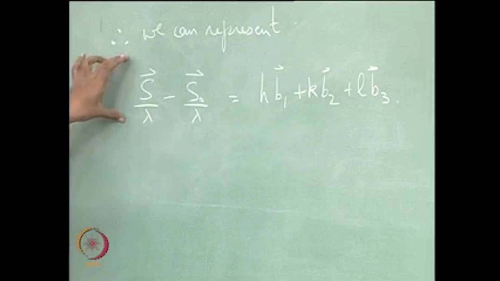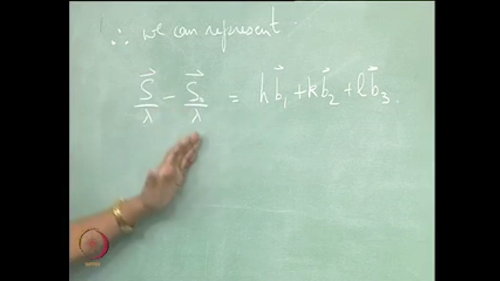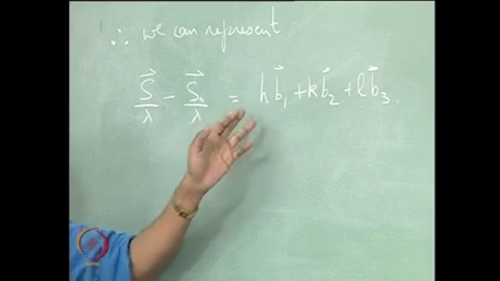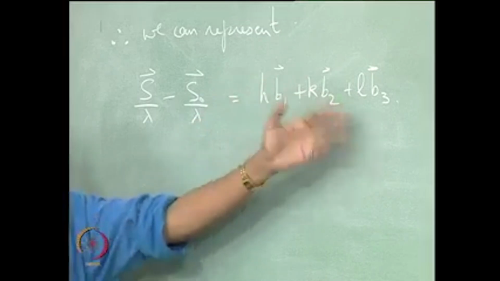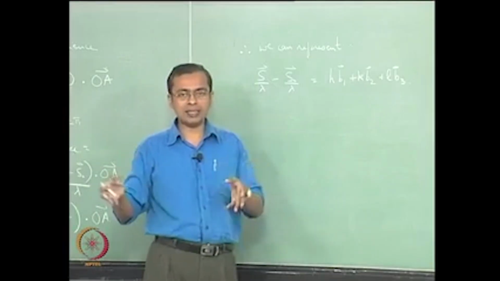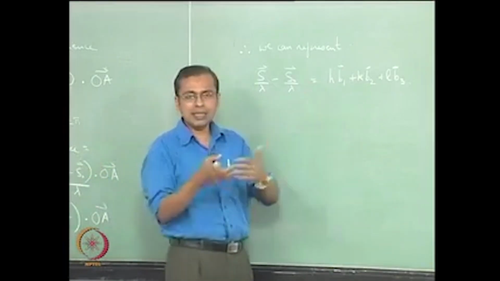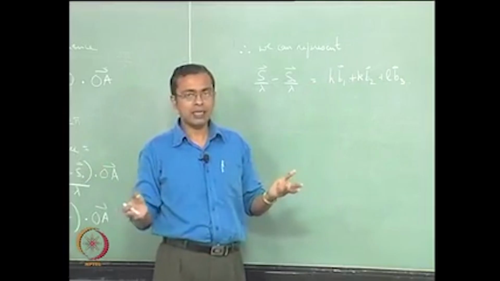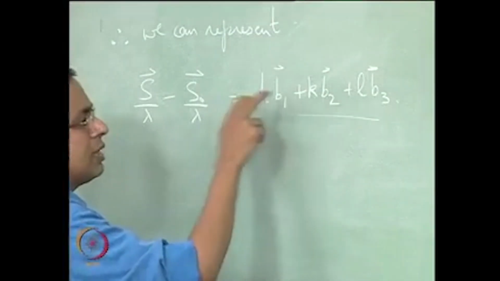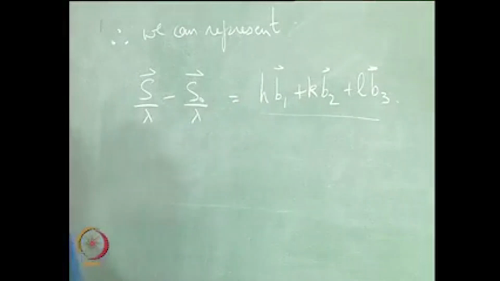Since you have full freedom to select anything for the left hand side of this equation, it means that at the moment H, K and L can also be any arbitrary number. It could be an integer, it could be a fraction, one of them could be a fraction, anything could be true. So even though we have used H, K and L, no restriction is actually being placed on their values.